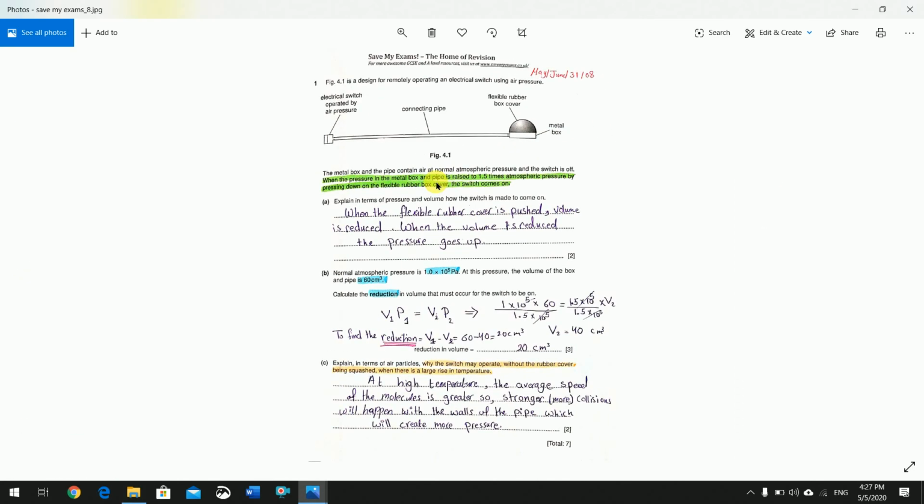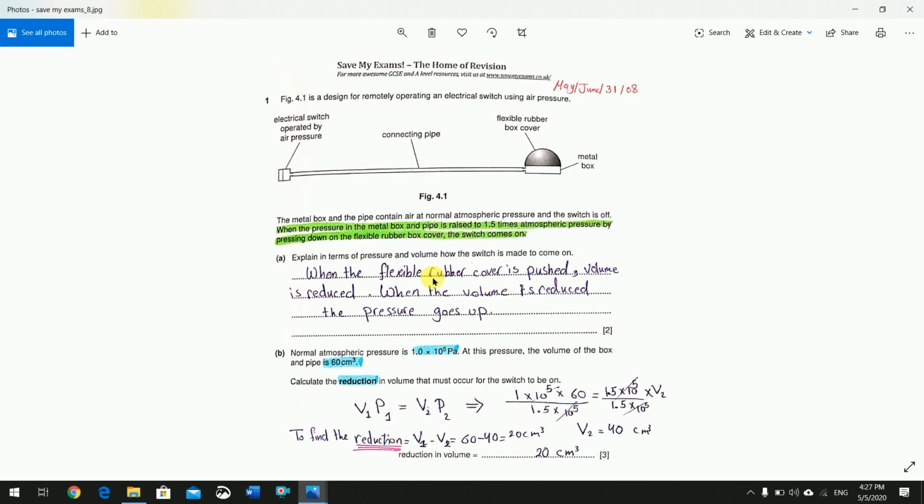Okay, let's go to this one. This is actually interesting. Figure 4.1 is a design for remotely operating an electrical switch using air pressure. The metal box and the pipe contain air at normal atmospheric pressure, and the switch is off.